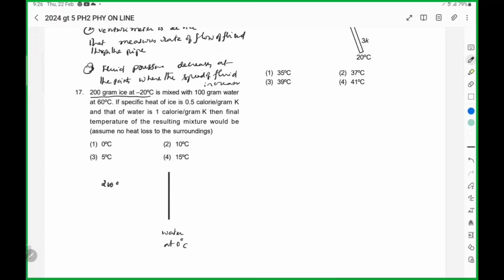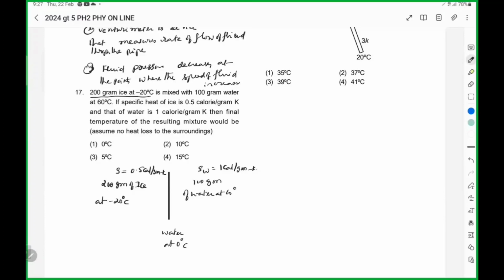So on the left side, 200 grams of ice at minus 20 degrees centigrade is mixed with 100 grams of water at 60 degrees centigrade. The specific heat of ice is 0.5 calorie per gram Kelvin. The specific heat of water is 1 calorie per gram Kelvin.